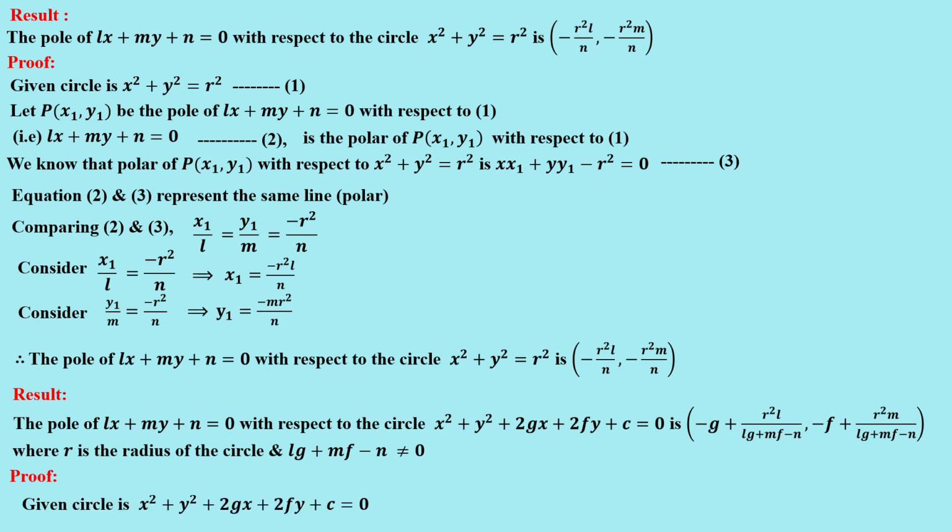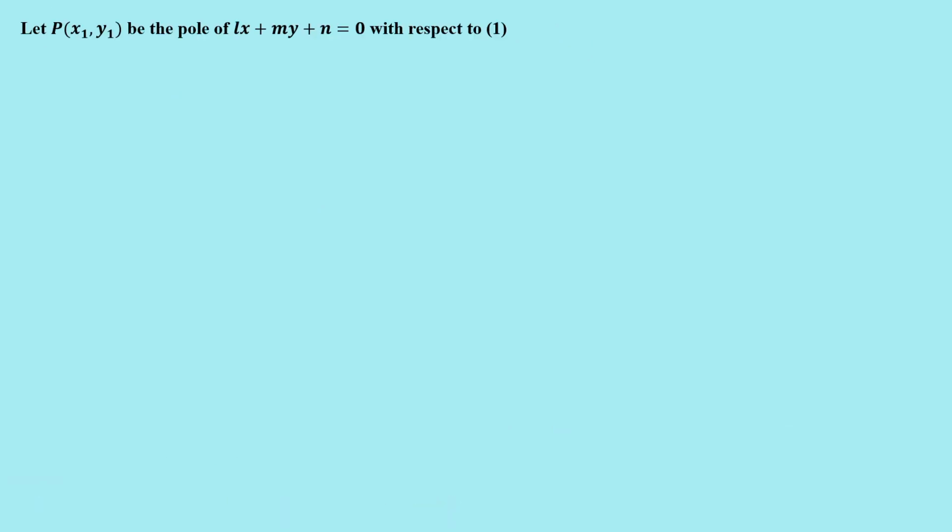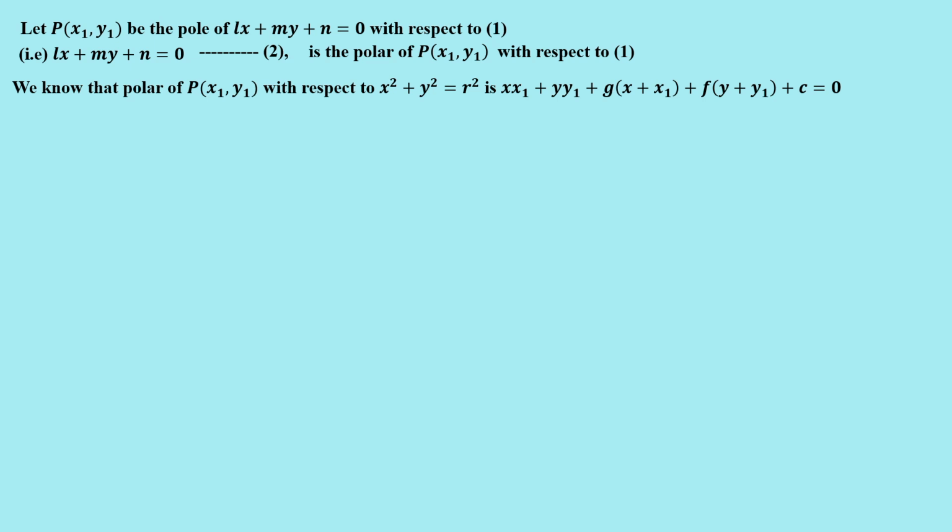The given circle is in general form, x square plus y square plus 2gx plus 2fy plus c equal to 0, that is equation number 1. Let P(x1, y1) be the pole of Lx plus My plus n equal to 0 with respect to 1. So Lx plus My plus n equal to 0 is the polar of P(x1, y1) with respect to 1, that is equation number 2.